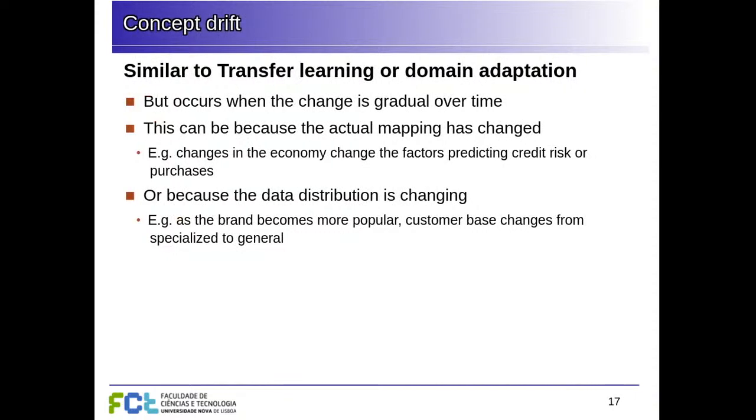Another problem in practice, where we can try to adapt our trained models to different conditions, is concept drift. This occurs when we have gradual changes over time, either because there are changes in the way the inputs must be mapped to the outputs. For example, suppose that you are trying to predict credit risks from your customers, when the customers want to buy things from you with credit, so they would pay later.